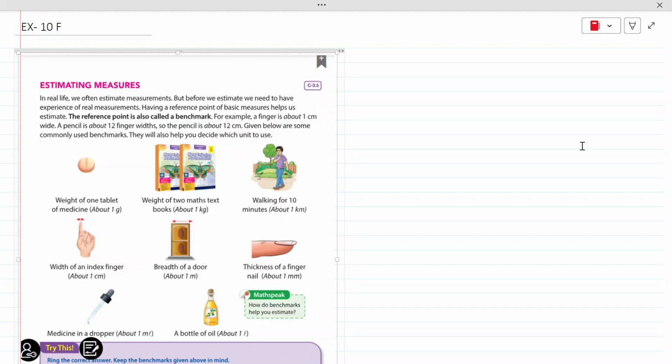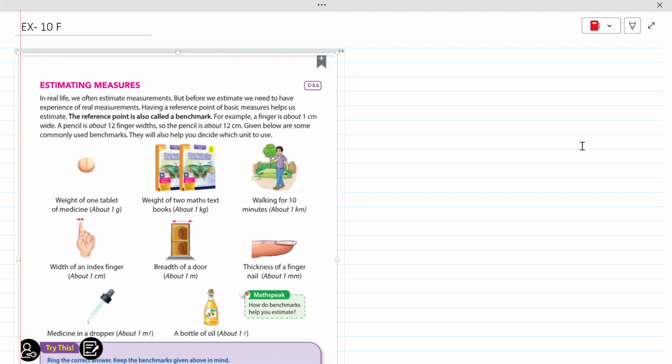Now there is a particular thing which is called a benchmark. Benchmark means that we come up with an estimation based upon a particular reference. For example, I have a tennis ball and a football.